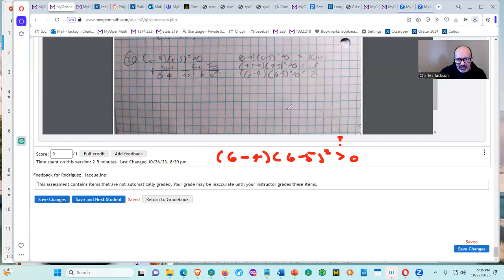Okay, so let's see. This is 2 times just 1, right? 1 squared. And then 2 times 1 greater than 0. 2 is greater than 0. You got true. So that's how you deal with that squaring, right?